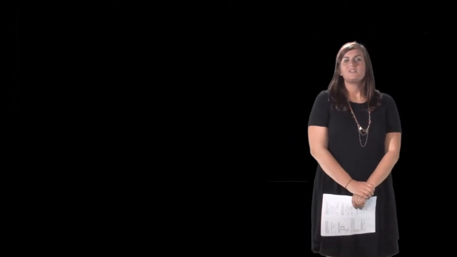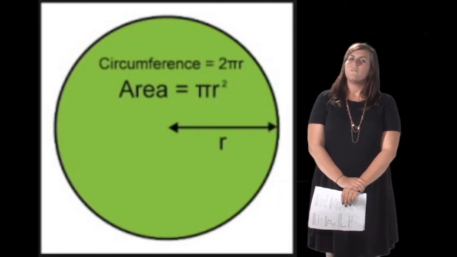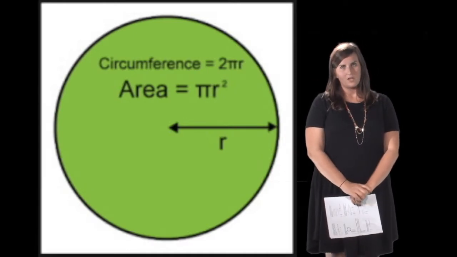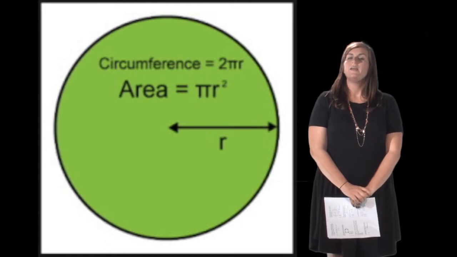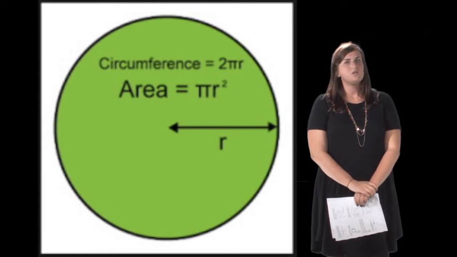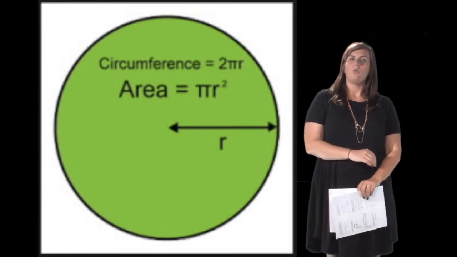Circles. So we're going to talk about circumference of a circle, area of a circle, sector area, and arc length. All four of these are related, obviously because they have to do with circles, but circumference is the perimeter around the circle. Its formula is 2 pi r. It's related to arc length, because the length of an arc is also part of the perimeter, just not the whole thing.